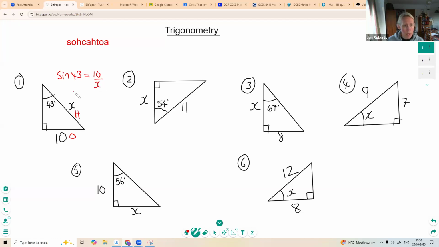I need to times both sides by X. Divide both sides by sine 43. And 10 divided by sine 43 is 14.7.